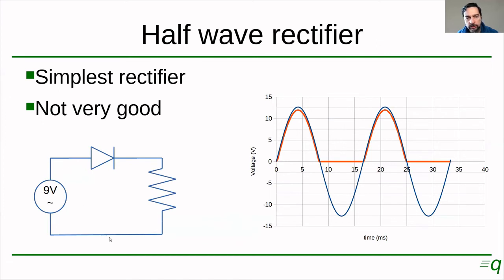So the current is going to try to flow in this direction, but the diode is not going to allow that to happen. So if we were to measure the voltage on the resistor, when the diode is conducting, we will see the voltage on the resistor closely following the voltage from the AC source.